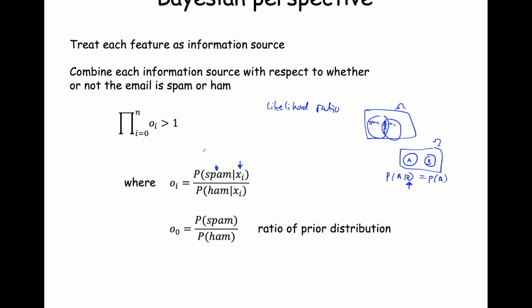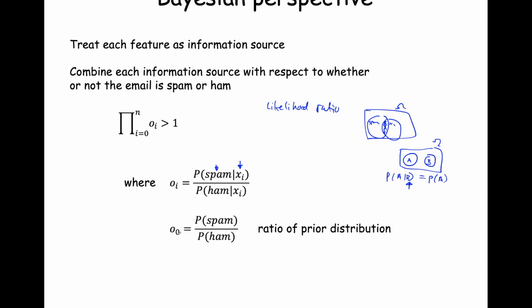Okay, so we have this idea of our indicator, our feature, as looking at the ratio between the spam alternative and our feature versus the ham alternative and our feature. And we look at this ratio. And so we can also not only take the ratio of the conditional likelihood, probability of spam given xi, probability of ham given xi, we can also do the same thing with the prior distribution. And so this prior distribution makes no assumption about the feature, but just looks at the two categories.